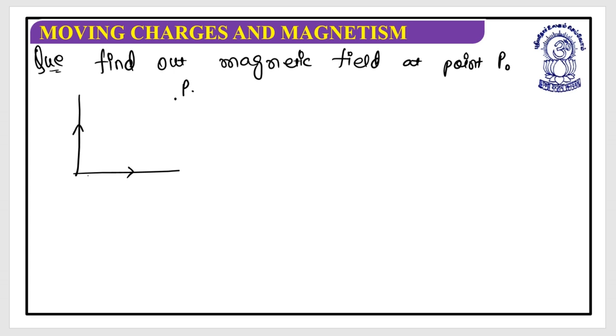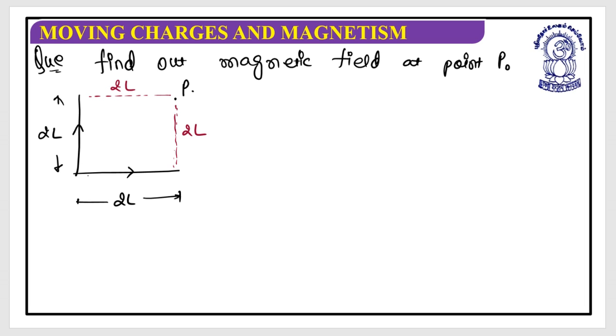Let's say on this point. This is a length of 2L. Even this is a length of 2L. So this separation is 2L from here, and this separation is 2L from here. So you require the magnetic field at point P.